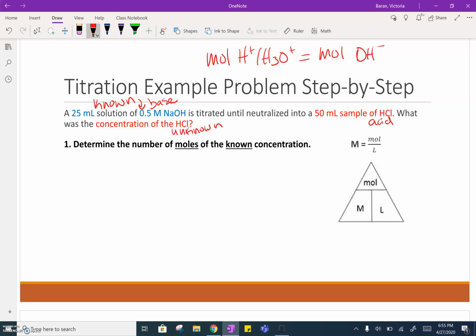Okay, so we're going to use our equation over here. So we're looking for moles. So moles is going to be equal to M times L. So molarity times liters. Okay, again, there are those symbols in case you don't remember how to use the triangle.